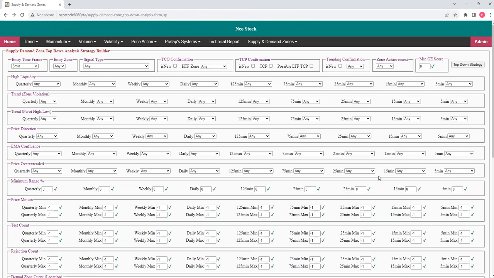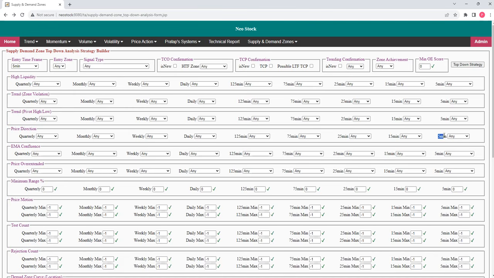So I have a requirement. My requirement is I want to find all the stocks that are moving to all-time high. For that there is a parameter, price direction.